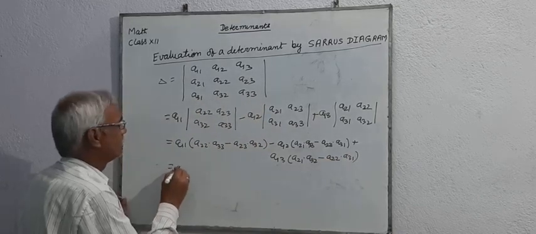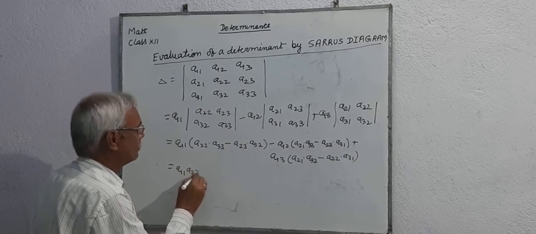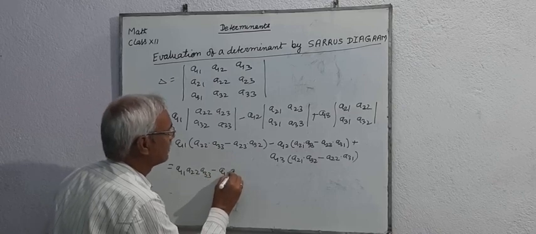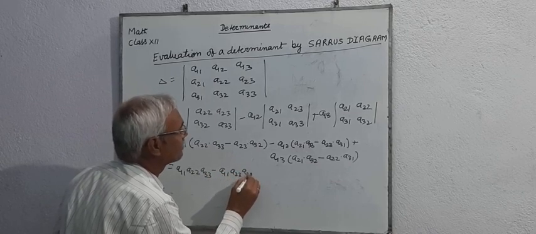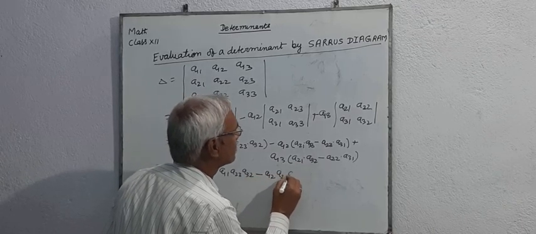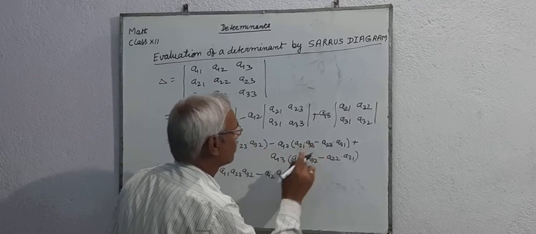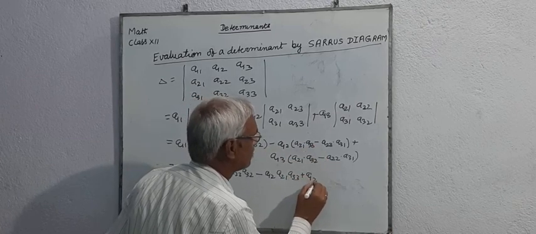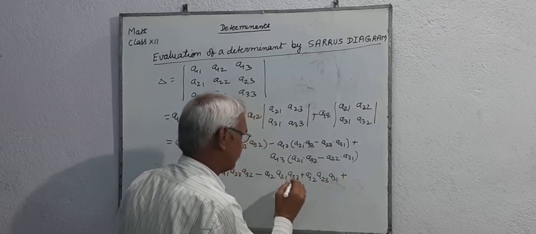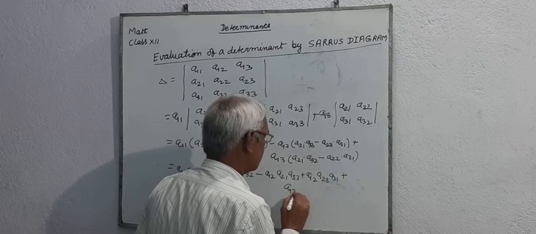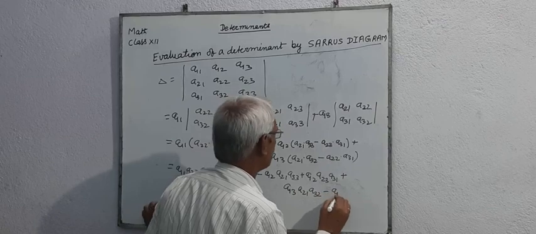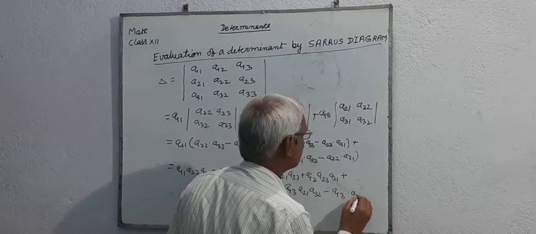That equals A11 A22 A33 minus A11 A23 A32 minus A12 A21 A33 plus A12 A23 A31 plus A13 A21 A32 minus A13 A22 A31.